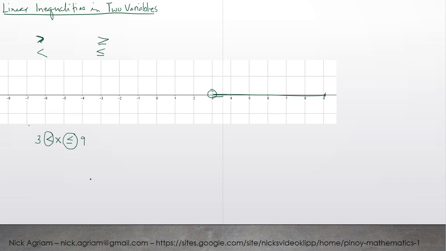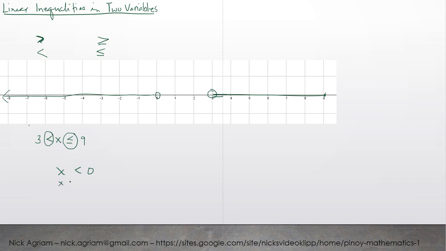So if we have this expression, x is less than 0, for example, that means 0 is not included and everything here is included.